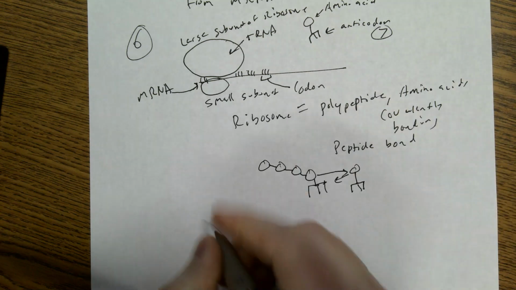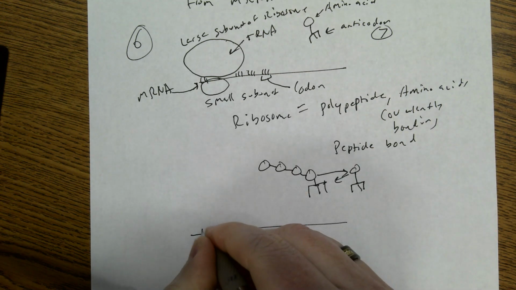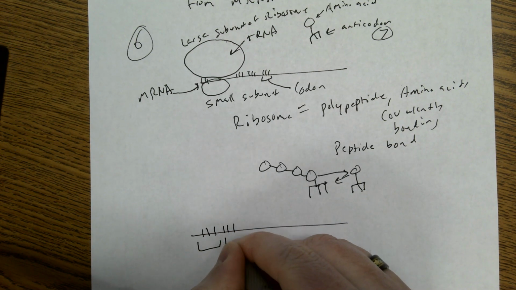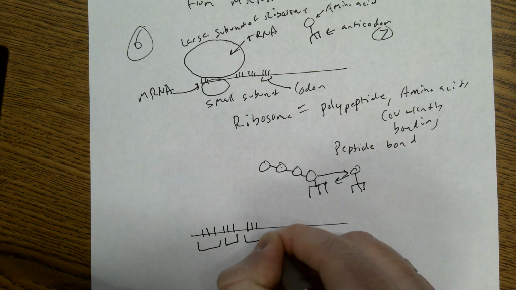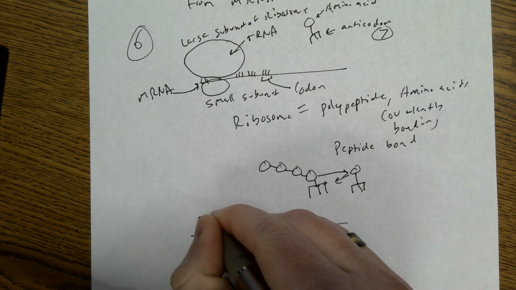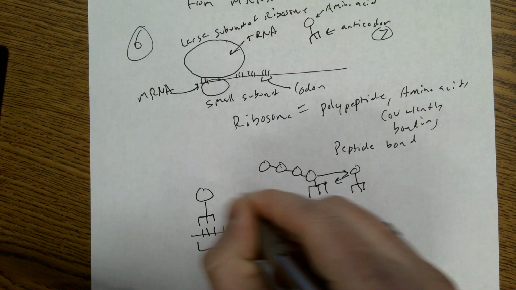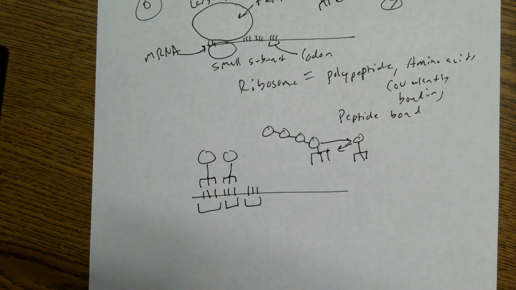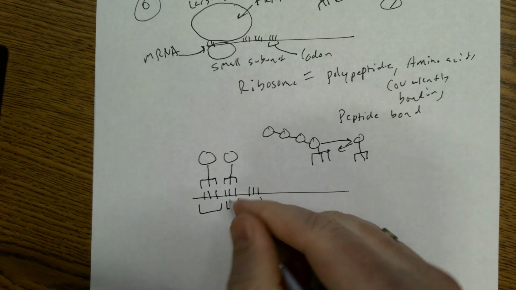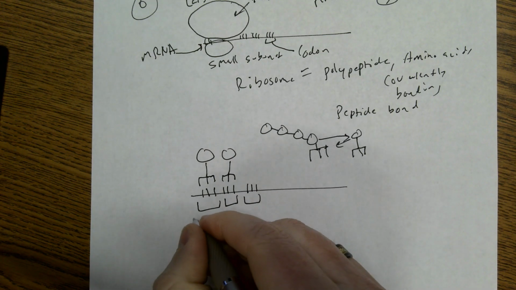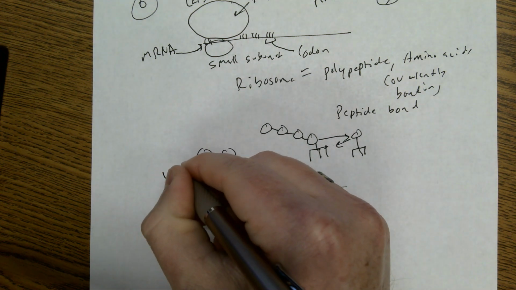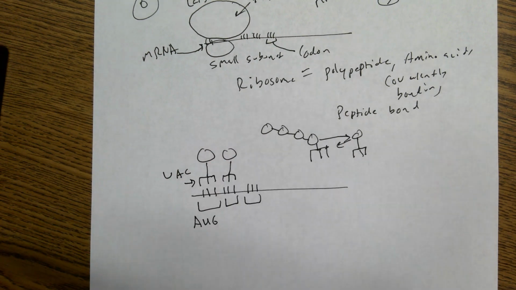Now we mentioned this already, but if this is our mRNA, it looks like this. Every 3 is a codon, and it will match up with the anticodon of a tRNA like this. And so you can only have 2 at a time in the ribosome, but they would match like this. So if this one was AUG, then this one would be UAC for this anticodon here.